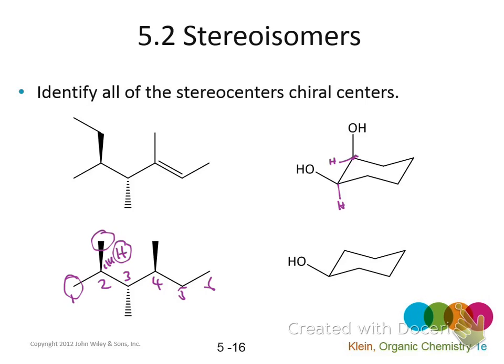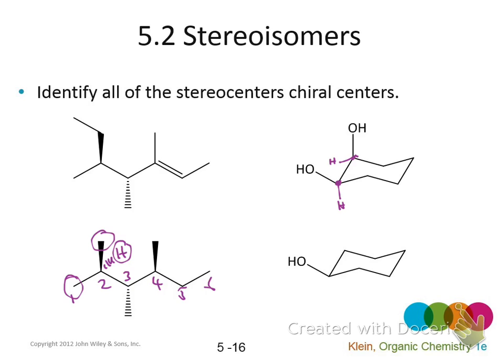If I start here, I have an OH on one side, I have an H, I have a carbon with an OH, and I have a carbon with a carbon. It has 4 different groups on it. So that's a stereo center, and that is a stereo center. The two groups share a common group, but they are still different.